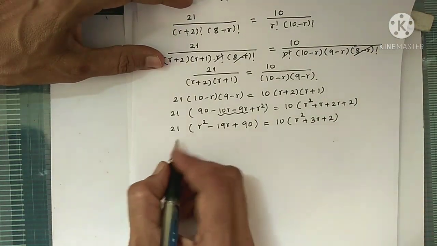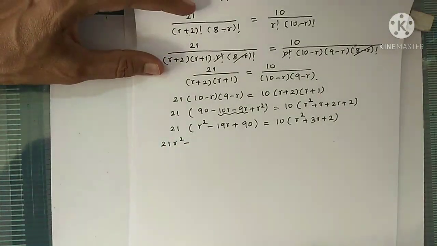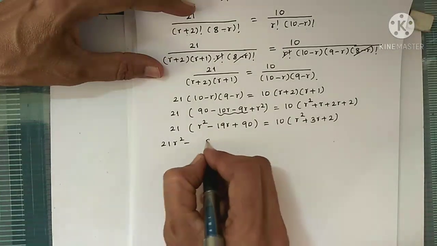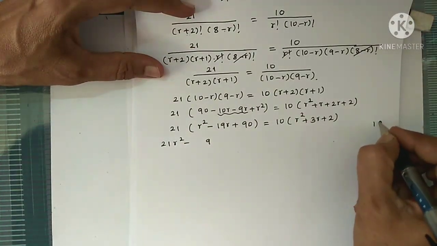Now multiplying by 21 we have 21 r square minus 21 into 19. So this is now 18 plus 21.